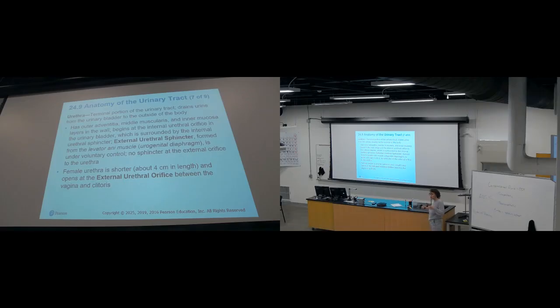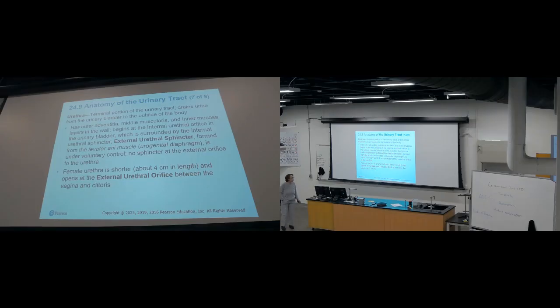So this one also undergoes peristalsis to transfer the urine to the outside of the body, and it is surrounded by the internal urethral sphincter. The external urethral sphincter is formed from the levator ani muscle in the urogenital diaphragm, and this is the one under voluntary control.